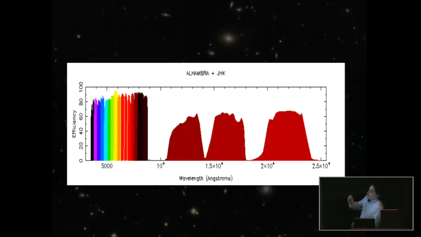But the important thing is that with these 20 filters we are able to reconstruct a very low resolution spectra of every object in the image. So this is a very good cost-effective solution, because in one data set you are getting the spectrum of thousands of objects.